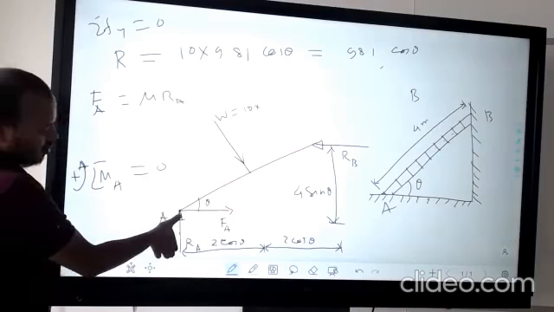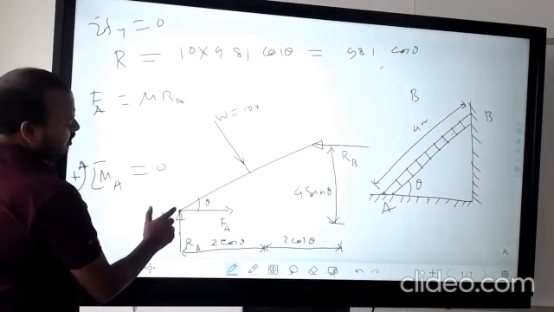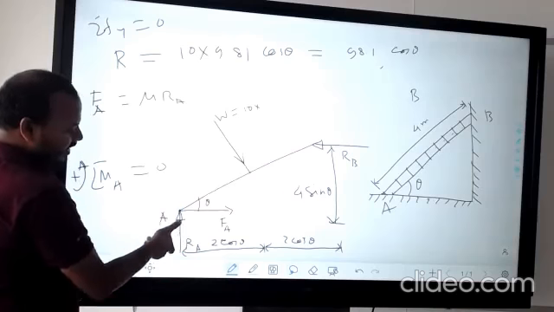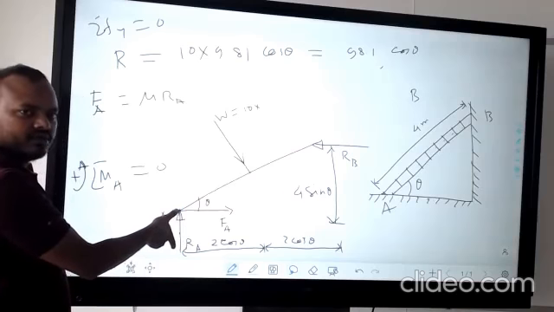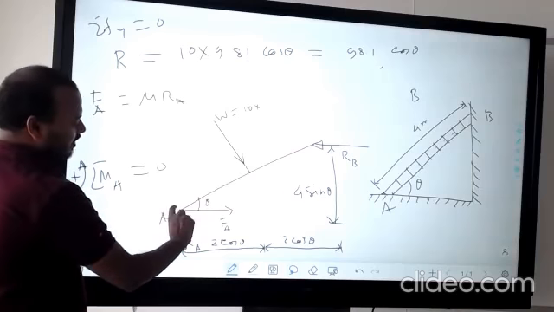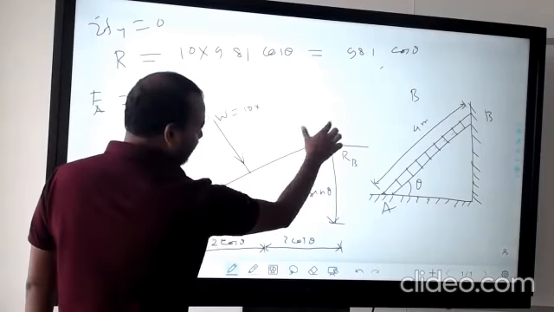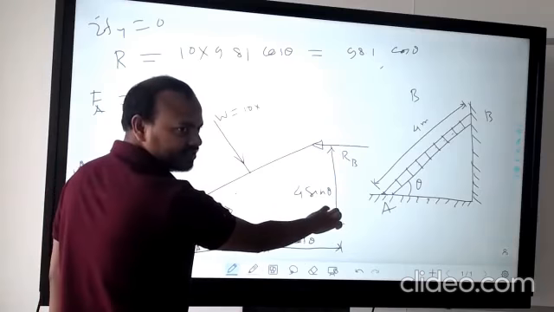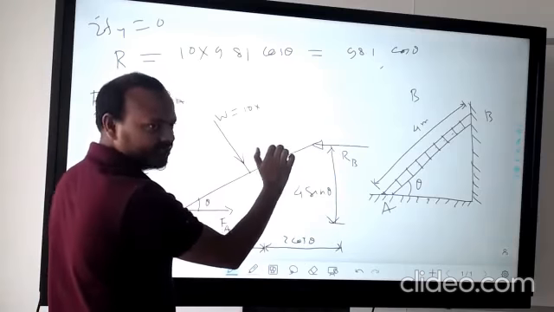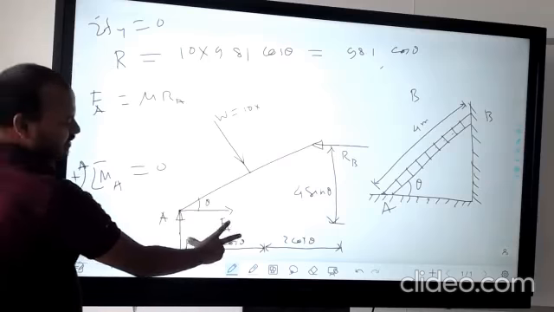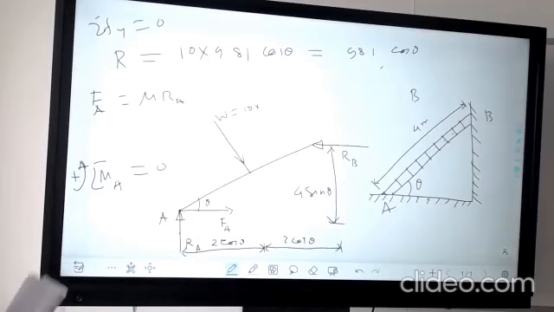We are taking moment with respect to this point only, so RA into 0 distance is not required. FA multiplied by 0 distance, not required. But this RB multiplied by its vertical distance, it is 4 sin theta. And the W multiplied by its vertical distance, that is 2 cos theta. In this way, you have to apply moment.